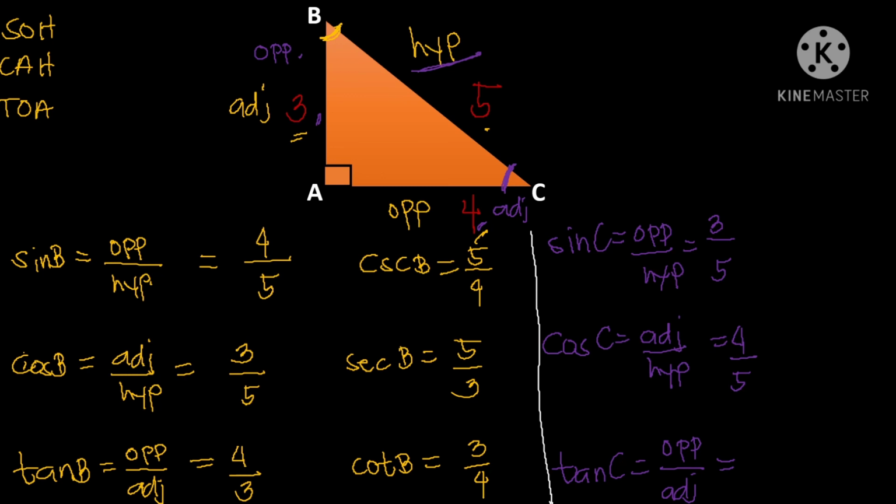So, opposite natin ay 3 over adjacent side, which is equal to 4. Then, lagay na lang natin yung cosecant C, kabaliktaran ng sin C. So, you have 5 over 3. And then, yung secant C nyo is equal to 5 over 4. And then, yung cotangent C nyo po ay 4 over 3.